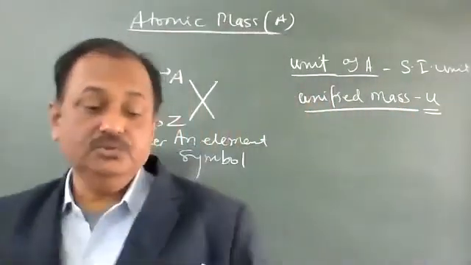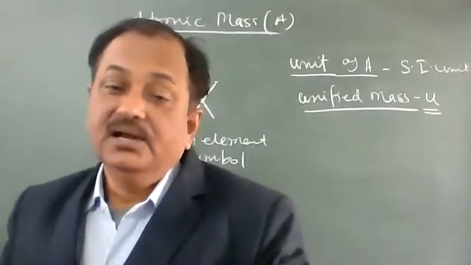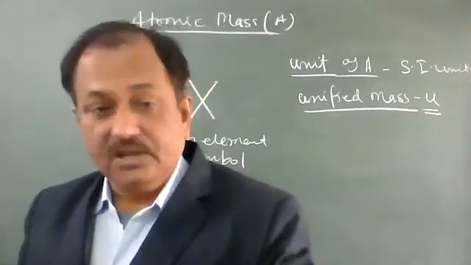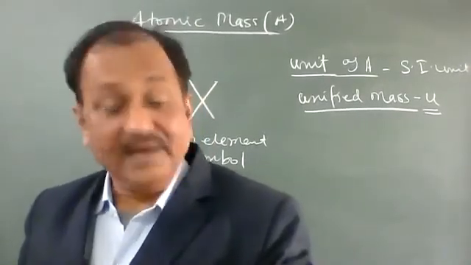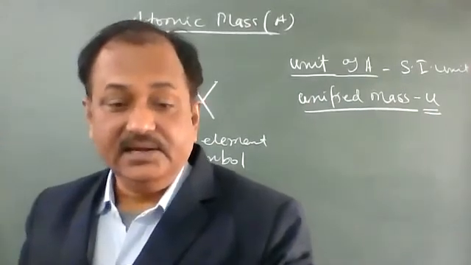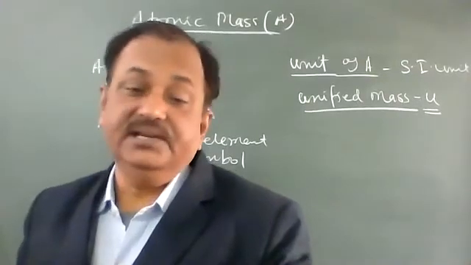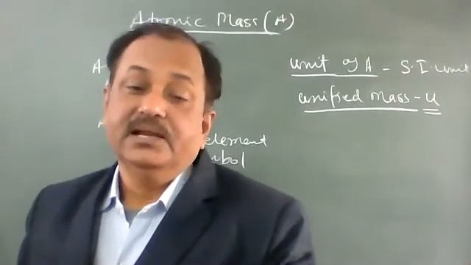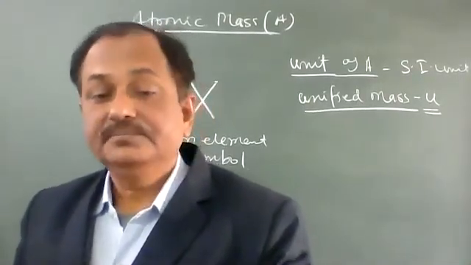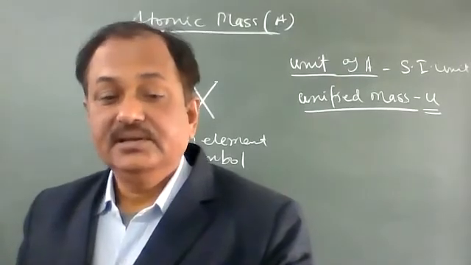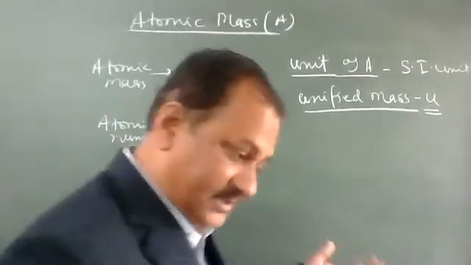So this is all about the atomic mass or mass number and the atomic number, and this is the pattern for how we represent the atomic number and atomic weight in any element.